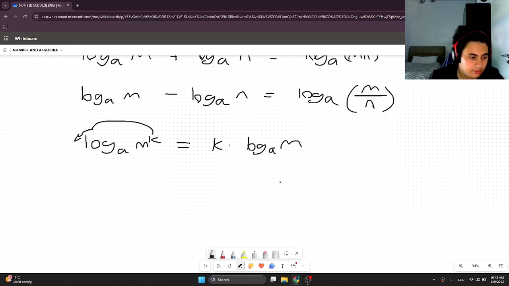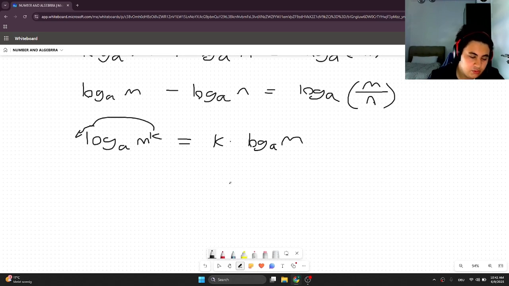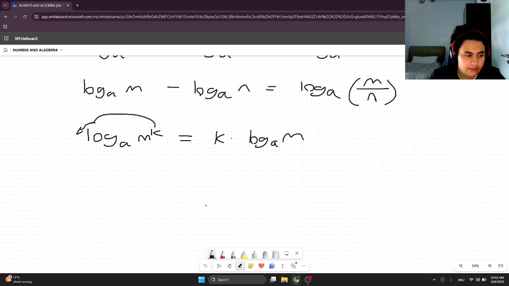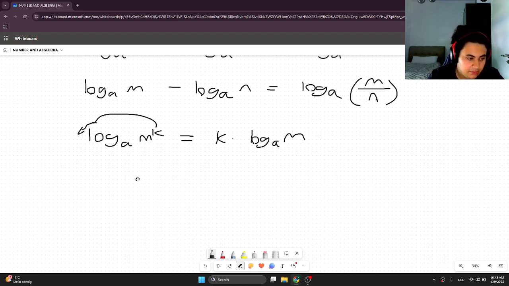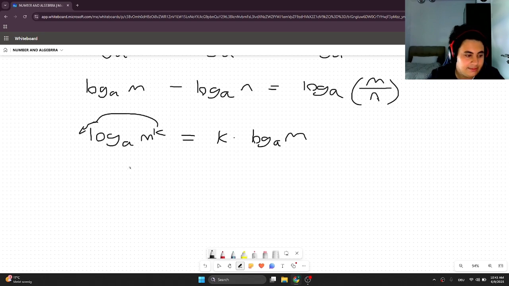This is how you can rewrite it. And this is crucial when you're simplifying, because sometimes it will tell you to simplify this expression, and you have an exponent that you really need to get rid of. This logarithm rule specifically is going to help.